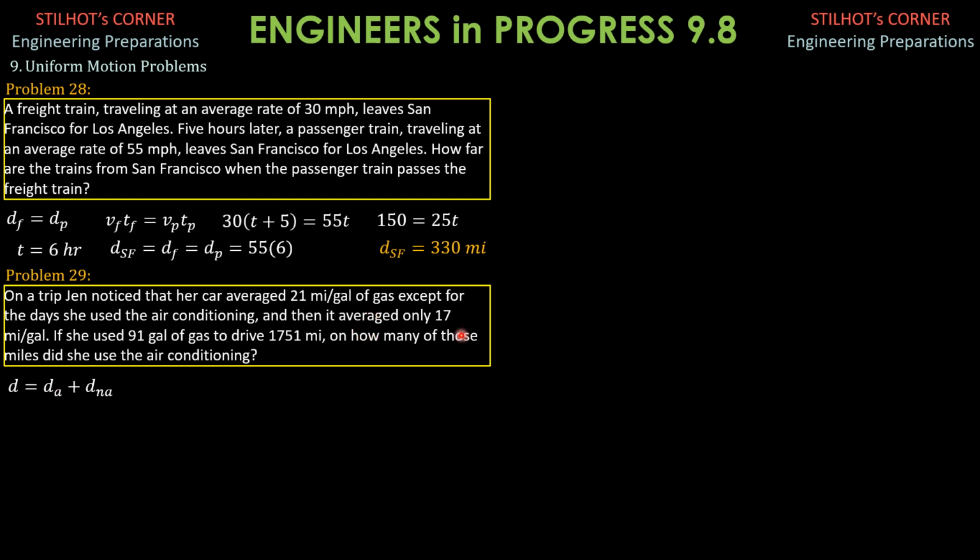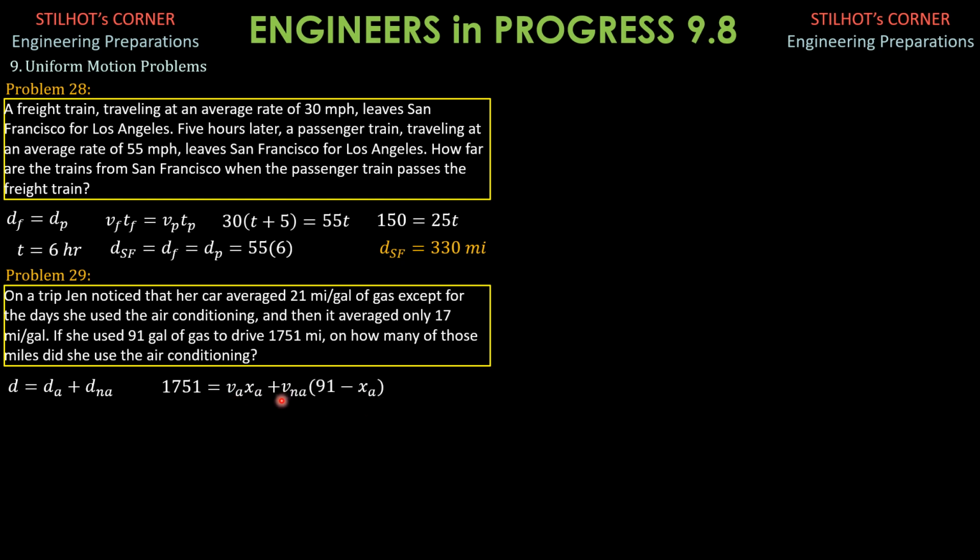So 17 miles per gallon times 1751 equals 17 miles per gallon times XA, this is using the air conditioning, plus the rate when the air conditioning is not used, V sub NA, times 91 minus XA.